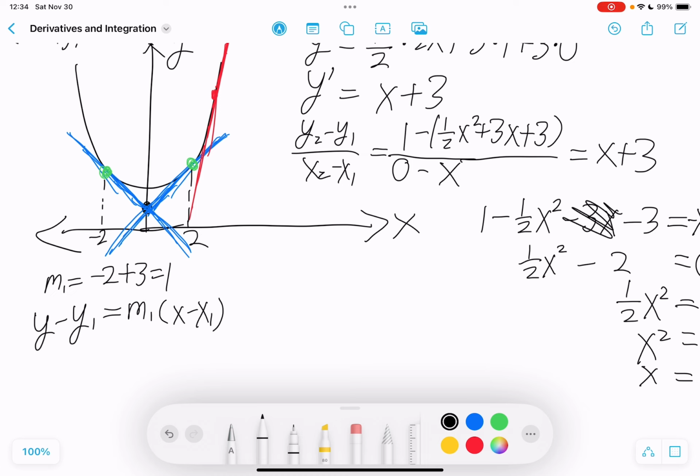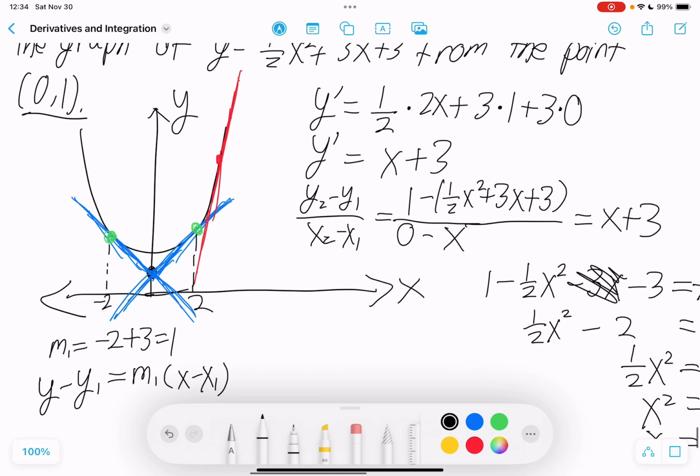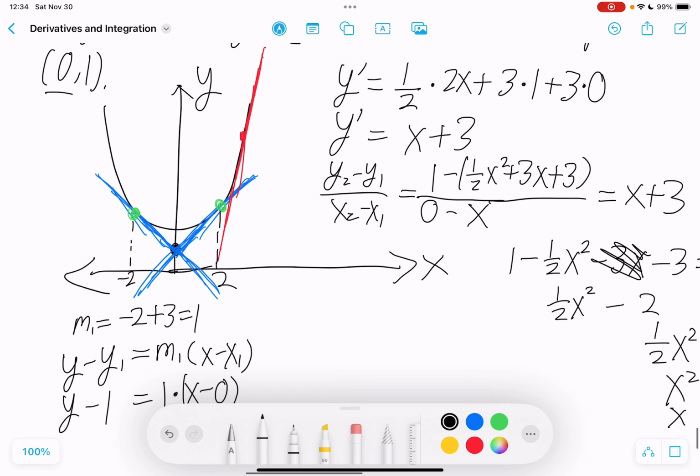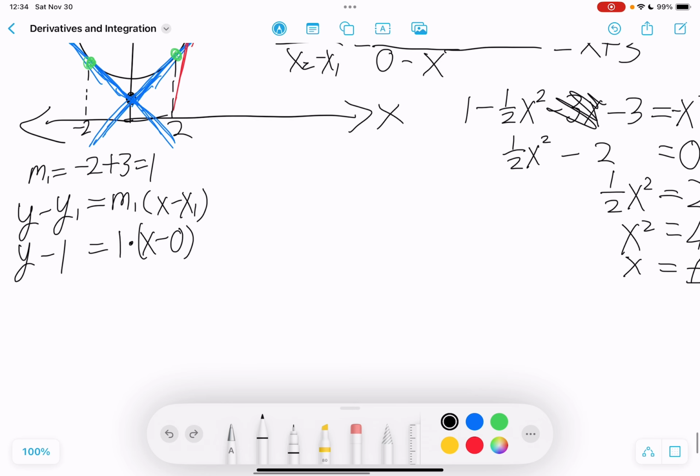So we can plug (0, 1) in as x1 and y1. We have y minus 1 equals m1, which is 1, times x minus 0, because the x-coordinate of this point is 0. If we evaluate this, we have y minus 1 equals x, which is our first equation.